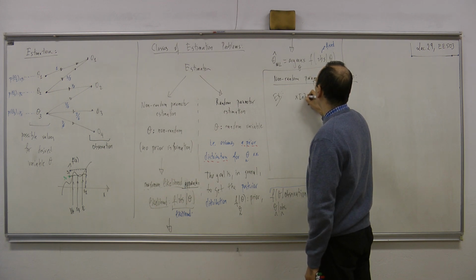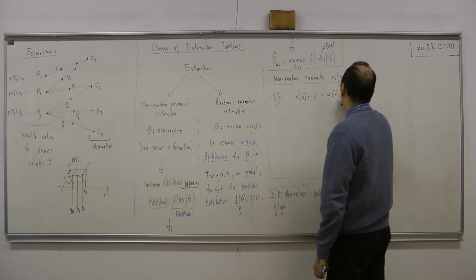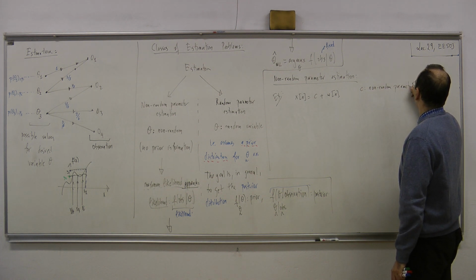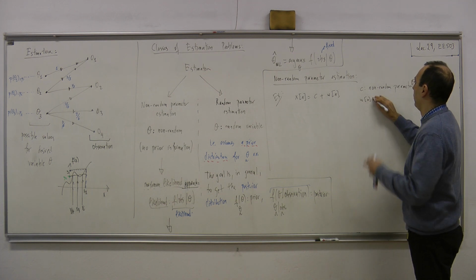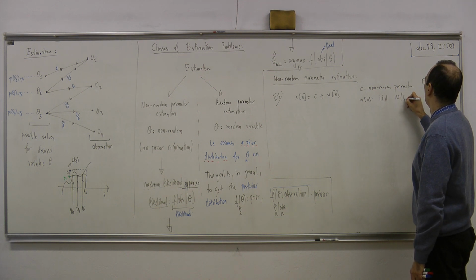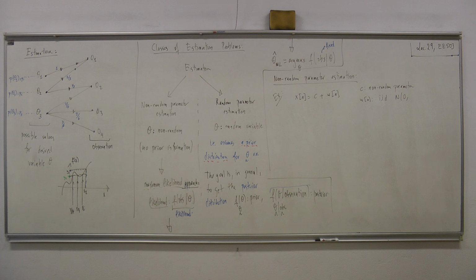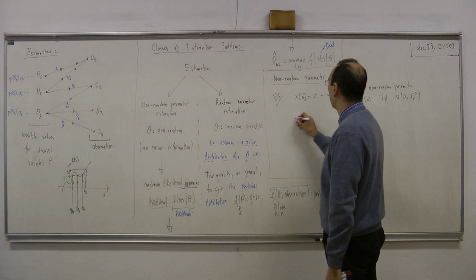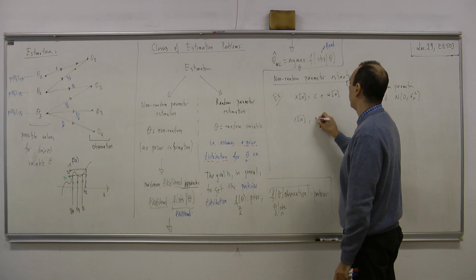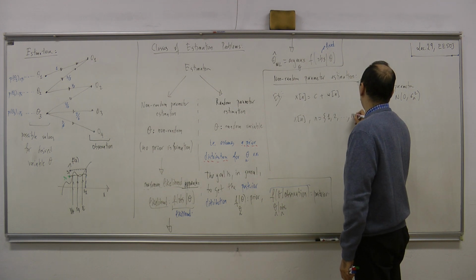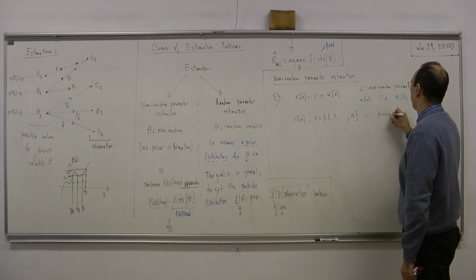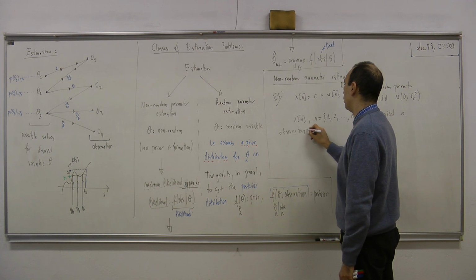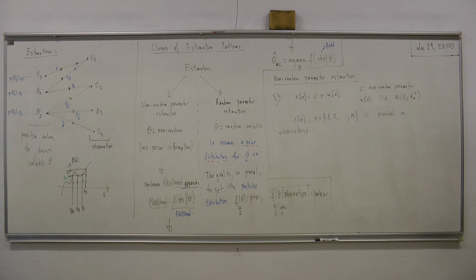Let's say that x of n is c plus w of n. c is a non-random parameter. w of n is IID, zero mean, with variance sigma n square. x of n for n equal to 1 to capital N is provided as observations, because I have capital N observations.